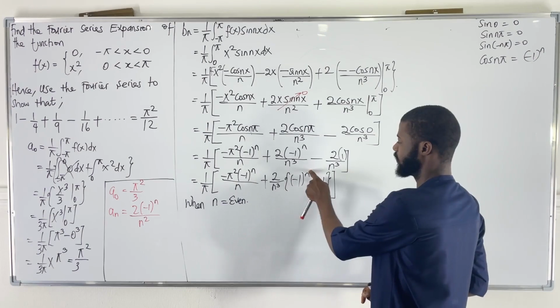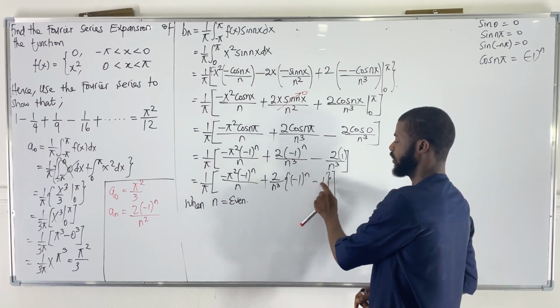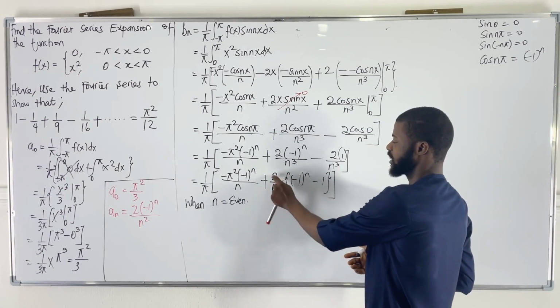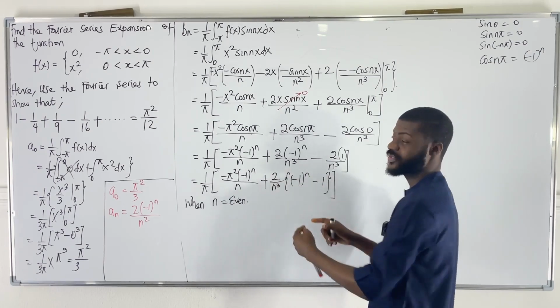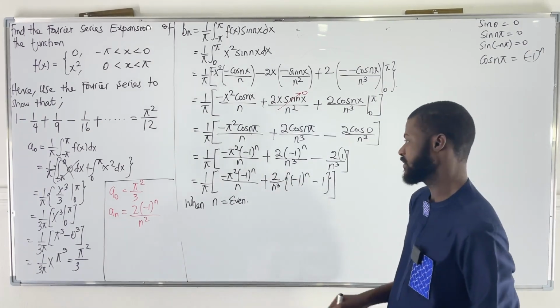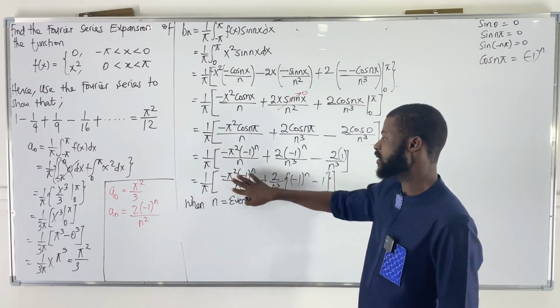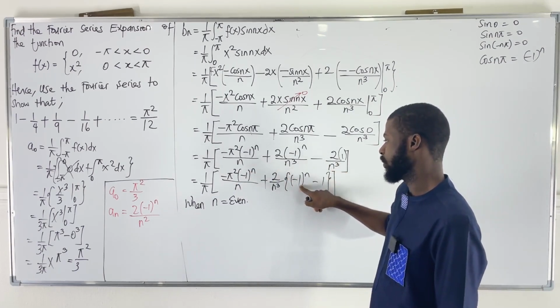Minus 1 to the power of 2, when you square this number, minus 1 squared is 1. 1 minus 1 is 0. So 0 times 2 over n cubed is 0. So every single thing here is now 0. I explained this in earlier examples. You could actually work it out if you wish. For this bracket, because we're trying to find out how this behaves, this is 0 when n is even.